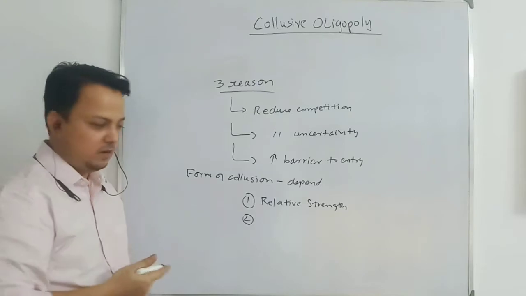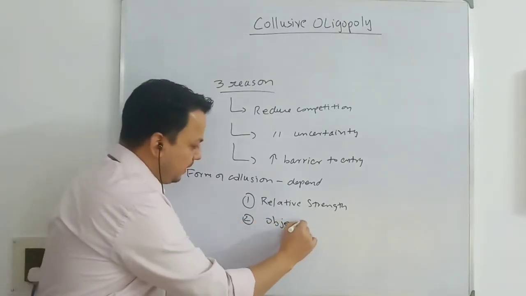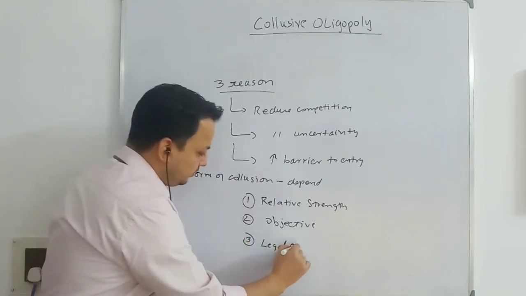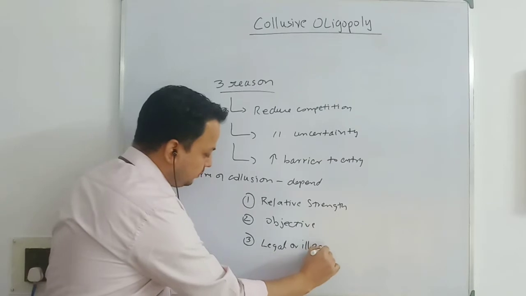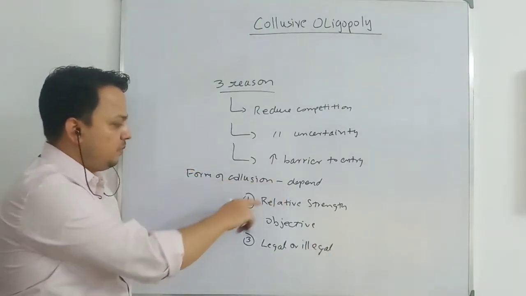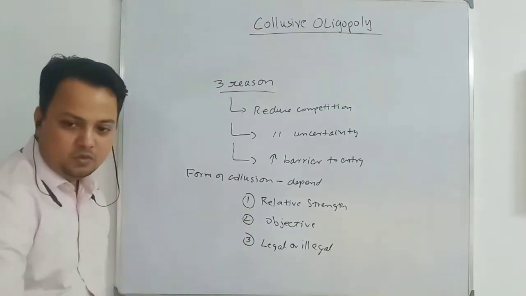What is the objective we have? It depends on the objective also. Third is whether the collusion is legal or illegal. So the form of collusion depends on the relative strength of the firms, the objective of the collusion, and whether the collusion is legal or illegal.